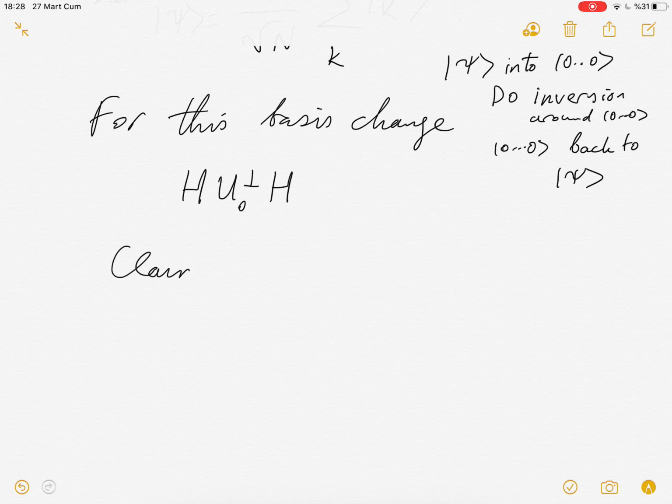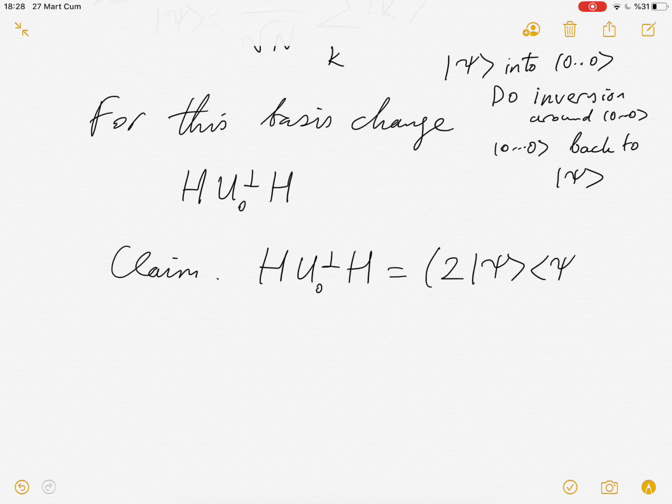Okay. So the claim is that h u0 perp h is actually equal to 2 times the projection matrix of psi minus I. Okay, so the details for this are in the lecture notes.